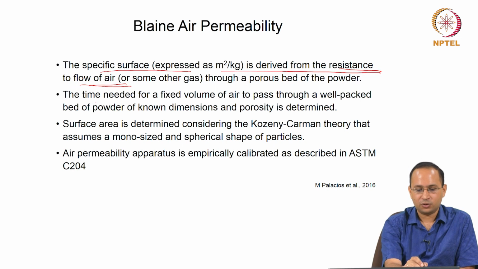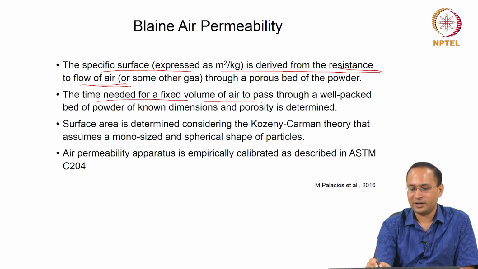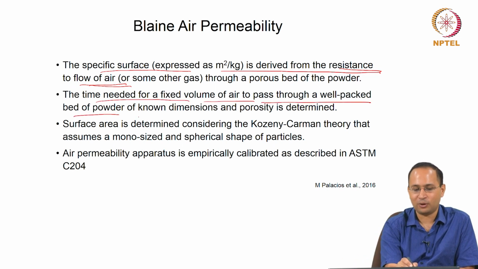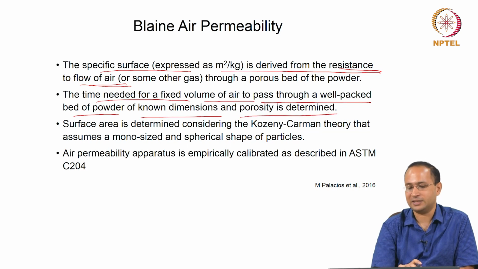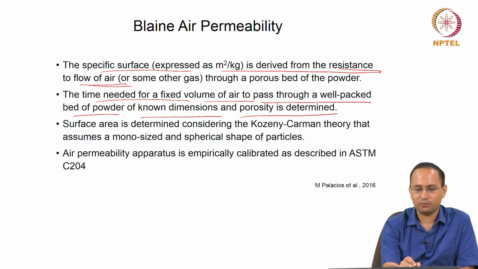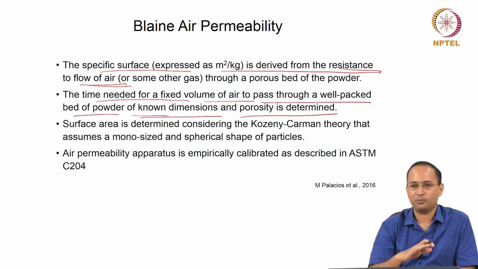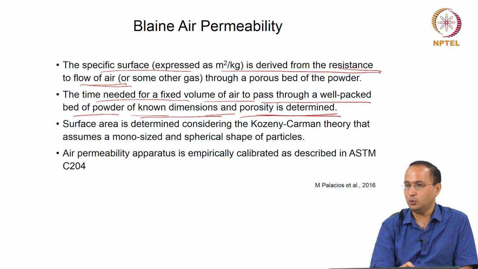The time needed for a fixed volume of air to pass through a well packed bed of powder of known dimension and porosity is determined. So, what are we measuring? We are measuring time, the time for a fixed volume of air to pass through a well packed bed of powder of known dimension. You know the dimensions and porosity. That is what we do in this.